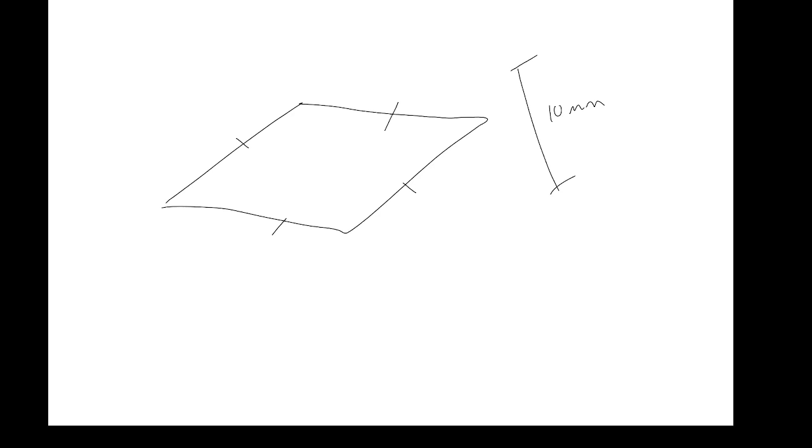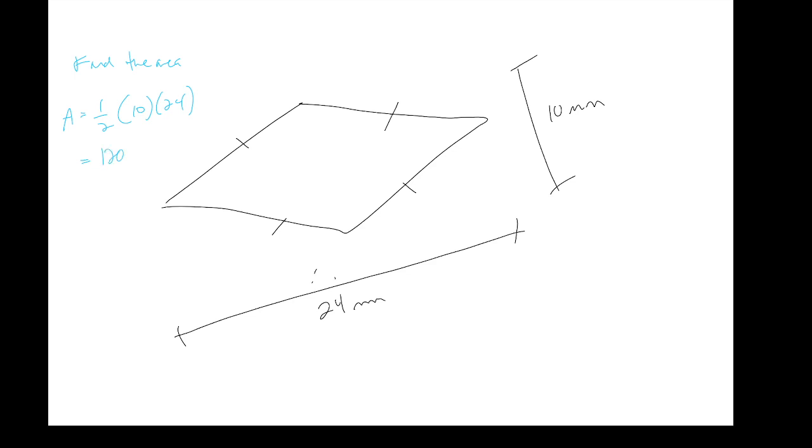And then we have another length here, which is 24 millimeters. And we're going to find the area. And it should be pretty straightforward. All right, it's going to be 1/2 of the product of those diagonals, which is 10 times 24. 10 times 24 is 240, divided by 2 is 120 millimeters squared.